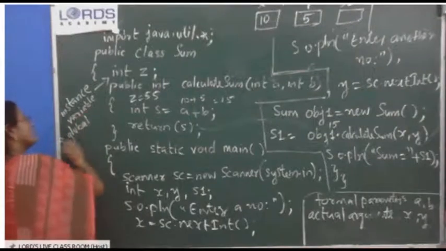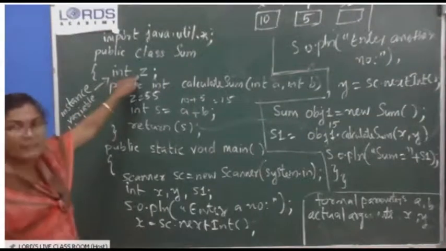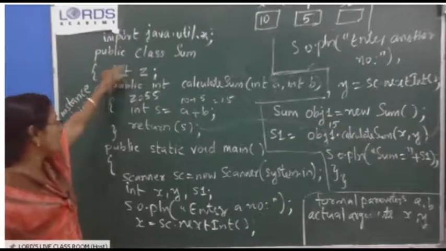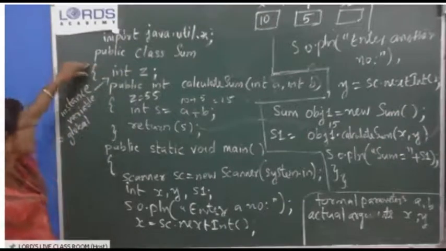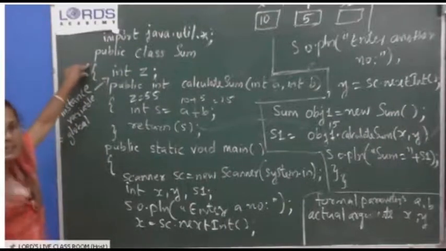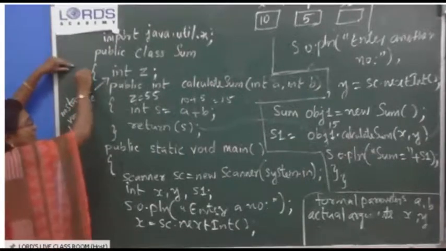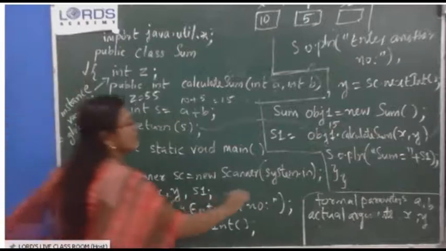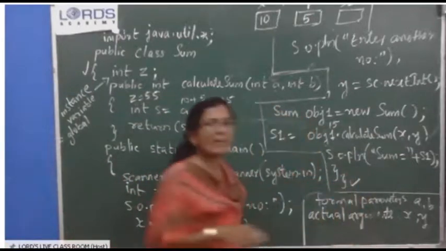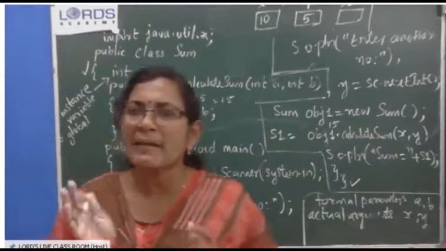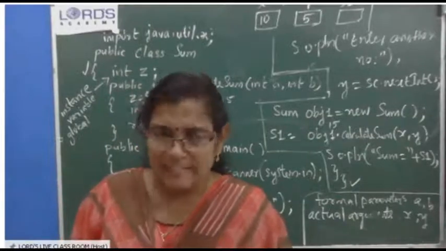Scope means where this particular variable is available. Its scope is limited to the class. From here it starts and it ends here. So that variable is known to all the methods defined in the class.